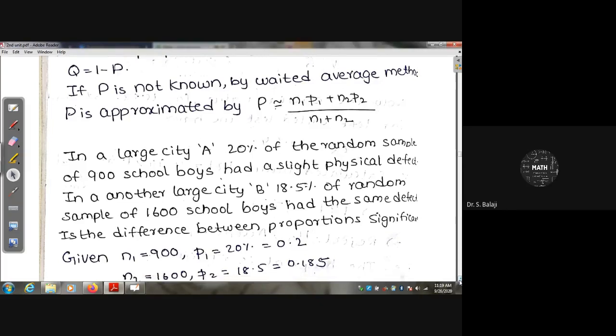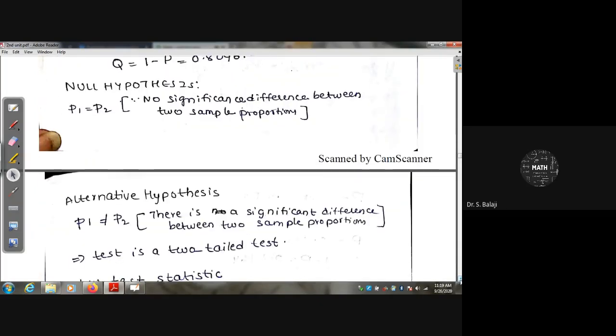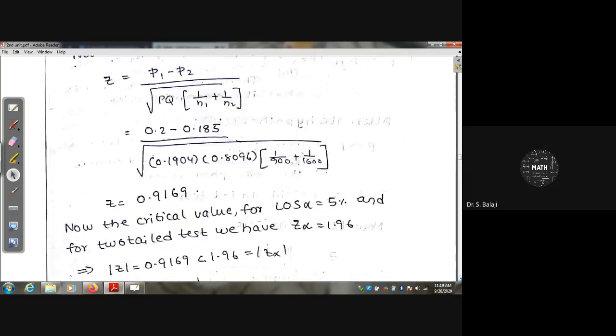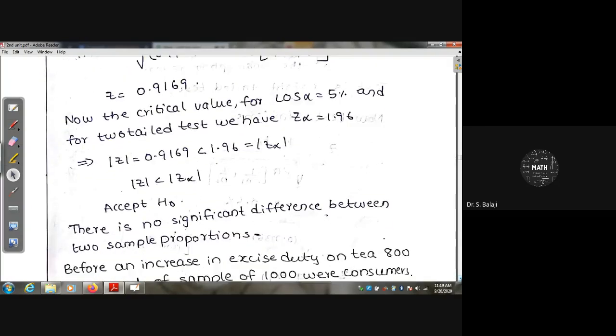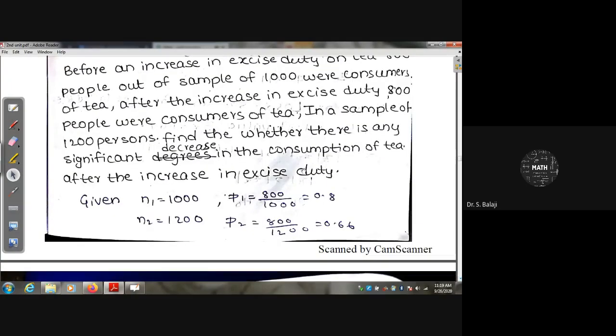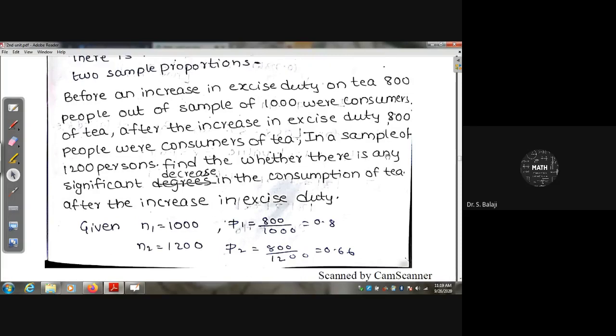Similarly, we may take another problem here. See the second problem. Before an increase in excise duty on tea, 800 people out of a sample of 1000 were consumers of tea.